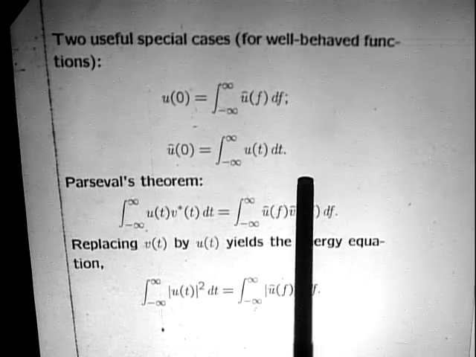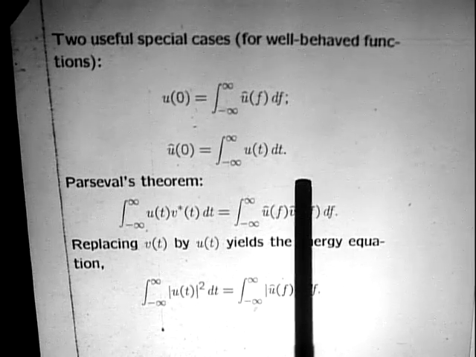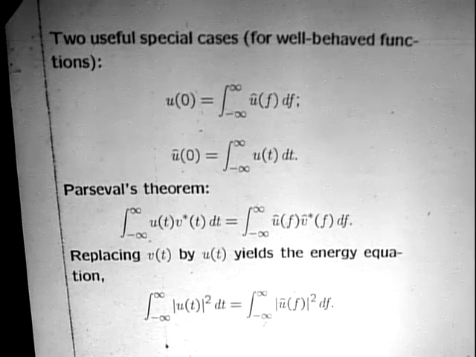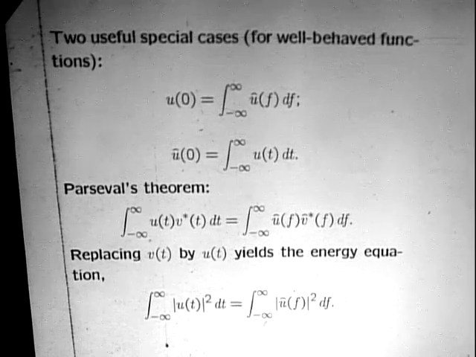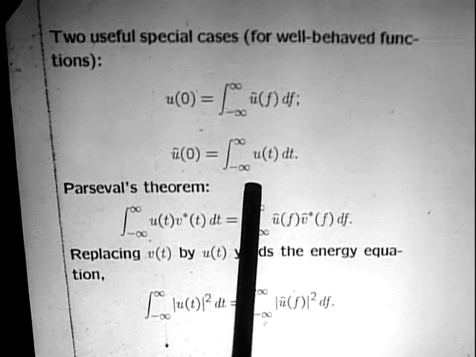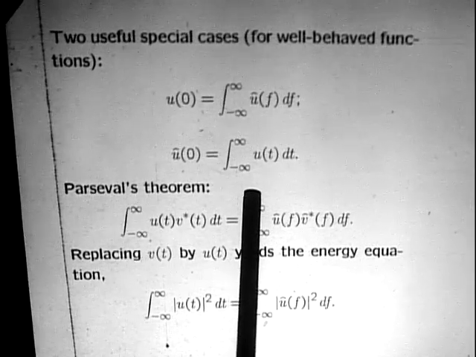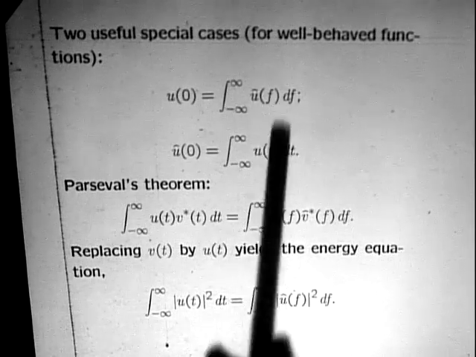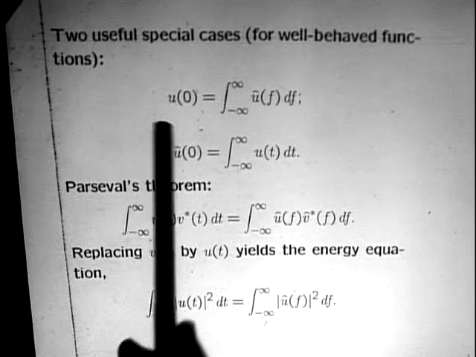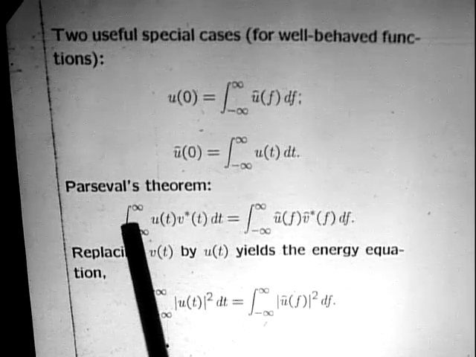What do you use these for? Well, half the time when you're working out a problem, it's obvious by inspection what this integral is, or what that integral is, and by doing that, you can check whether you have all the constants right in the transform that you've taken.